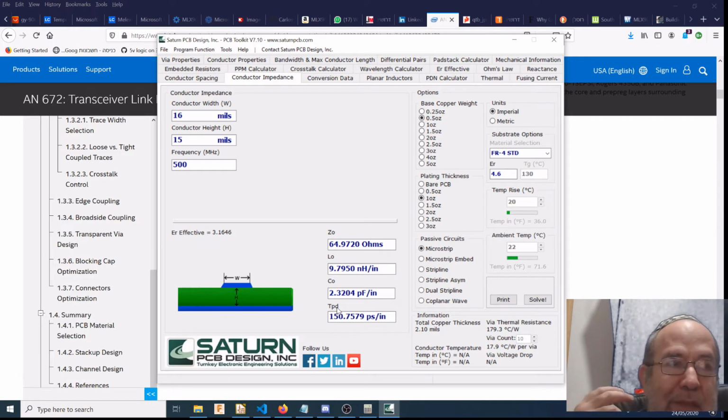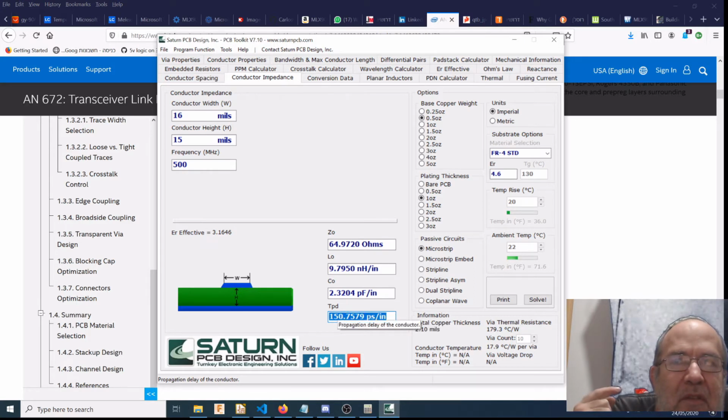I want to start off with looking at this. We're going to take simple FR4, and one can see I'm at 150 picoseconds per inch.